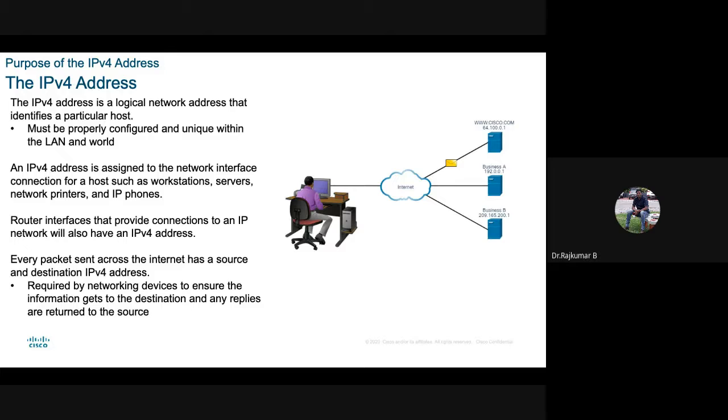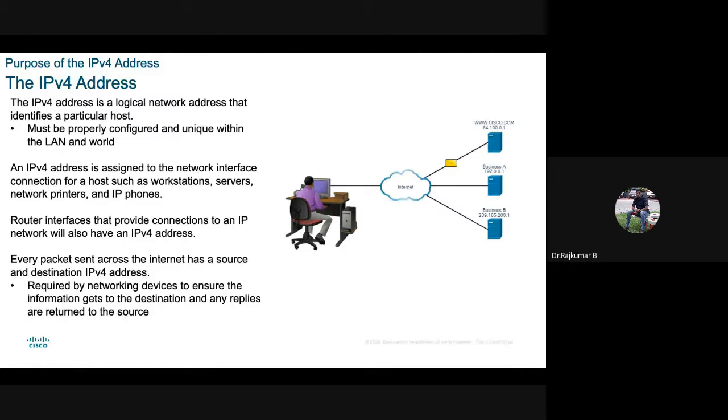Then classful IP version 4 addressing, which describes the different IP version 4 address classes. Then public and private IP version 4 addresses, which describes the public and private address ranges. Then unicast, broadcast, and multicast addressing.